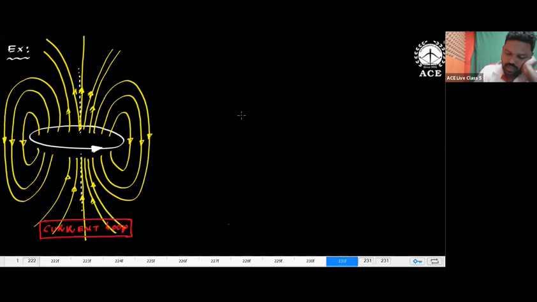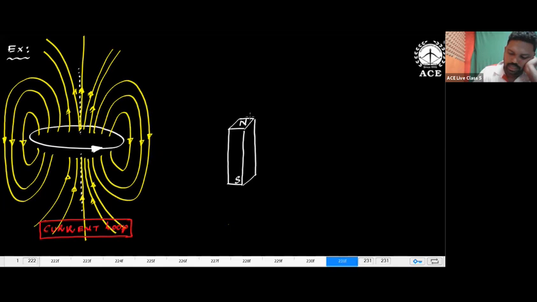Or you can also say bar magnet. Here it is the north pole, here it is the south pole.